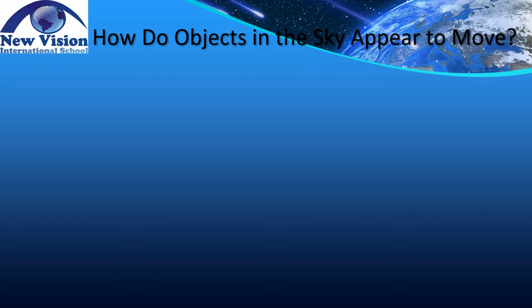How do objects in the sky appear to move? Stars, planets, and other objects appear to move over time. They do move in space, but their actual motion and their apparent or visible motion may be different. The apparent motion of objects in the sky depends on the motion of Earth.